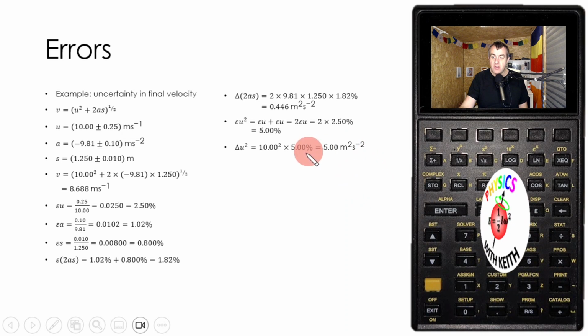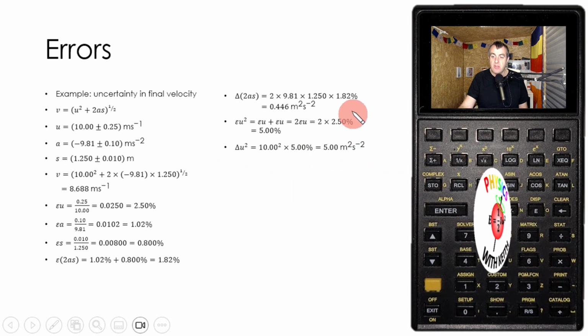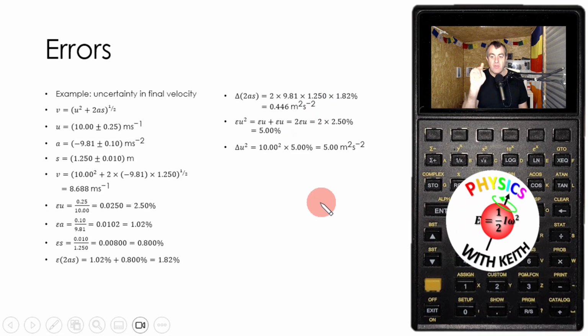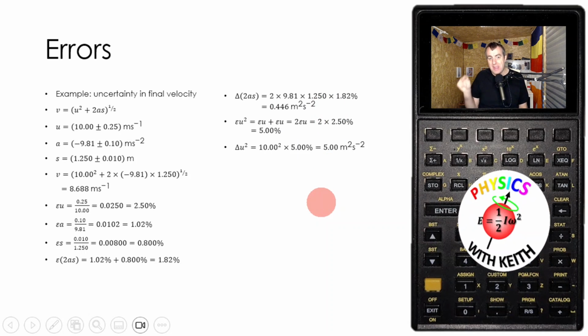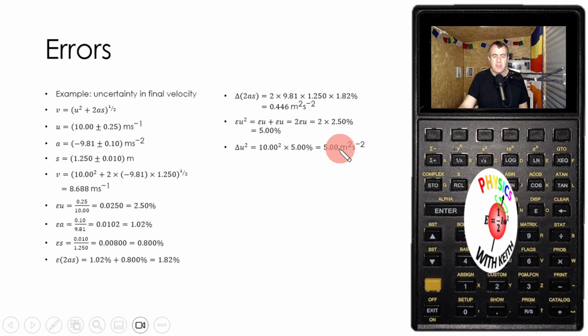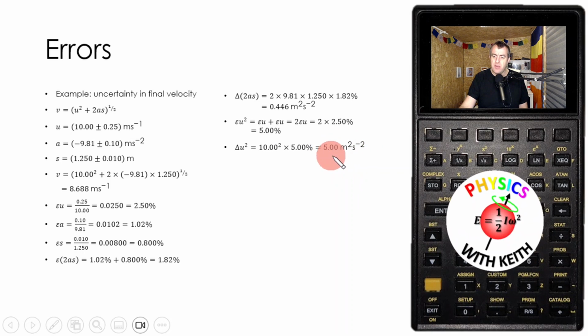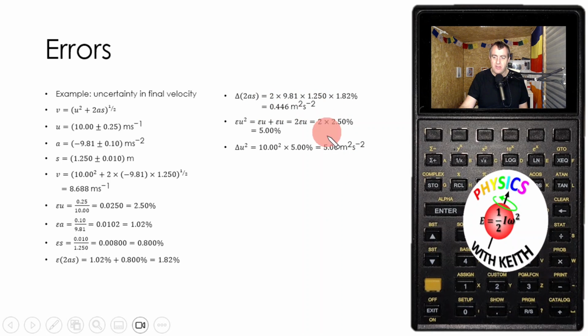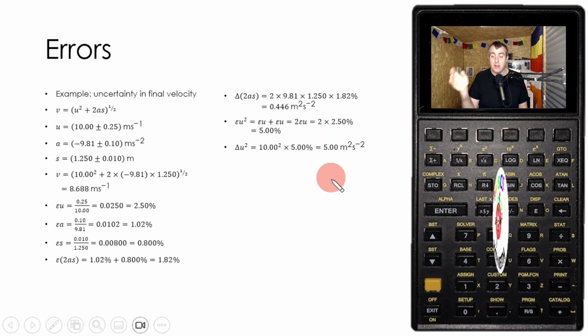So I can do that calculation, and I get 5.00 meters squared per square second. Now you'll notice the units of this absolute uncertainty are the same as the units of this absolute uncertainty, which is convenient, because we're adding them together.